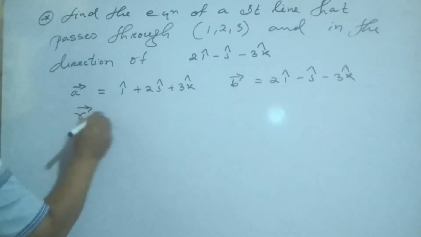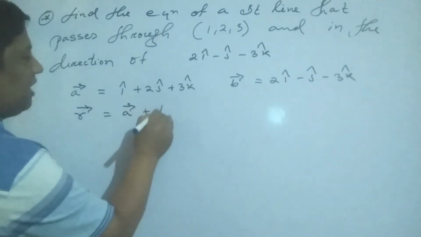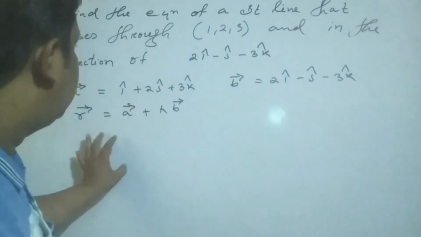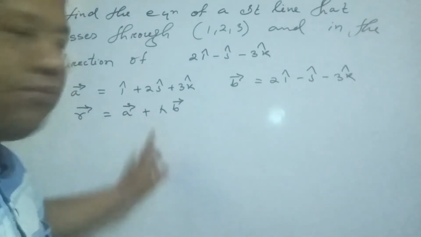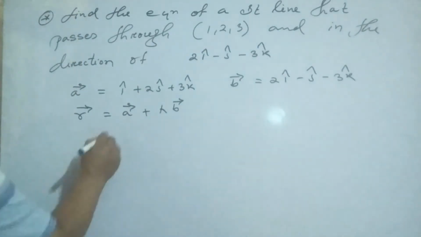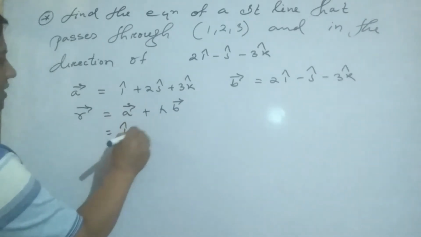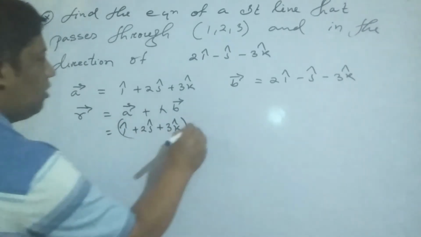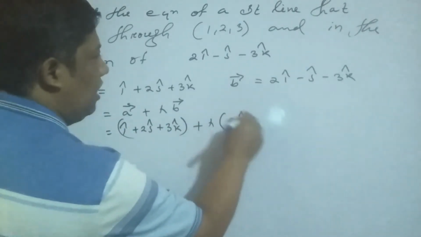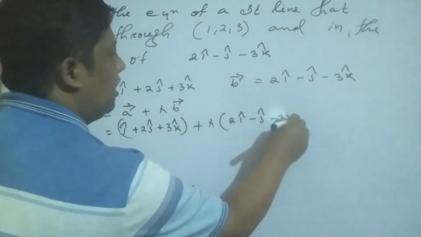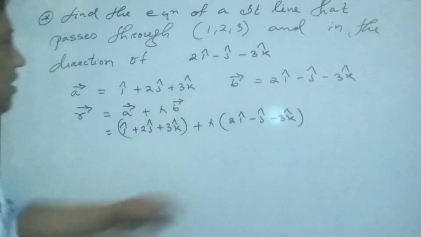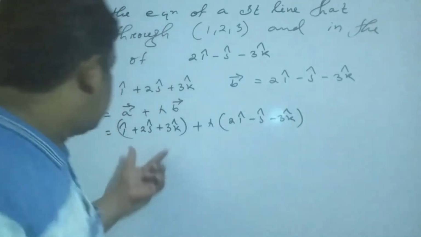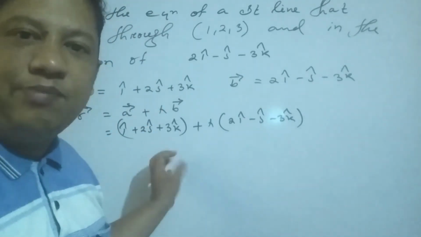Then the equation of the line is given by r equal to a plus lambda b vector. So that's the equation of the line, r equal to a plus lambda b, where a is i plus 2j plus 3k, plus lambda, and the b vector is 2i minus j minus 3k, which is the parallel vector. So my students, that is the equation of a straight line in vector form.